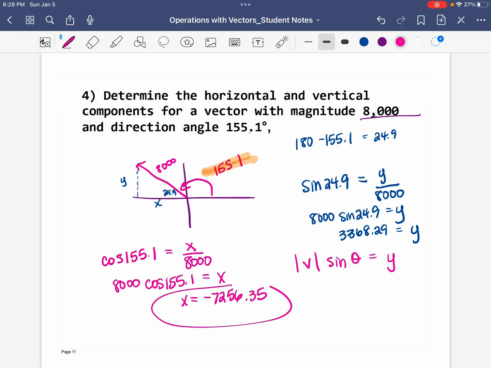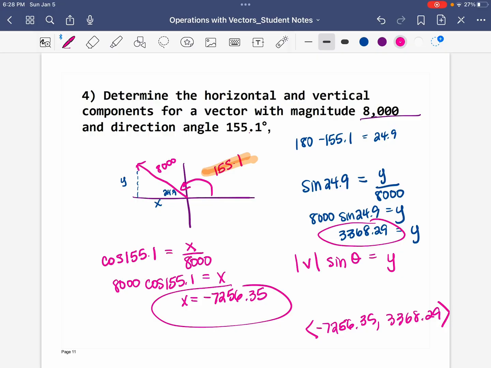So my x component is that, my y component is this, and so it's okay if you just add as x and y, or we could go ahead and write this in component form. -7256.35, 3368.29.